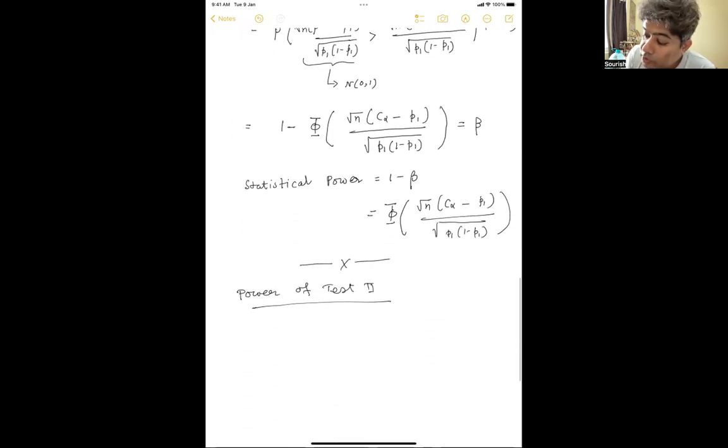So first, we figure out C when probability of S less than C given P equal to P naught is less than or equal to alpha, where S follows binomial n, P naught.